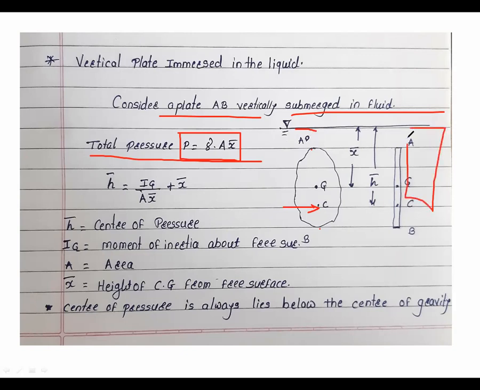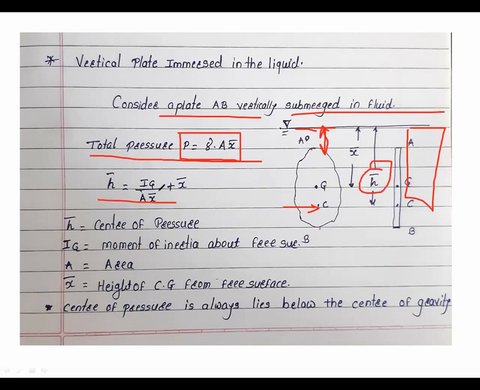If the body is like this, then H and H bar will be the same. But if the edges of the body are not parallel, or it is beyond the free surface, then it is noted as H bar.